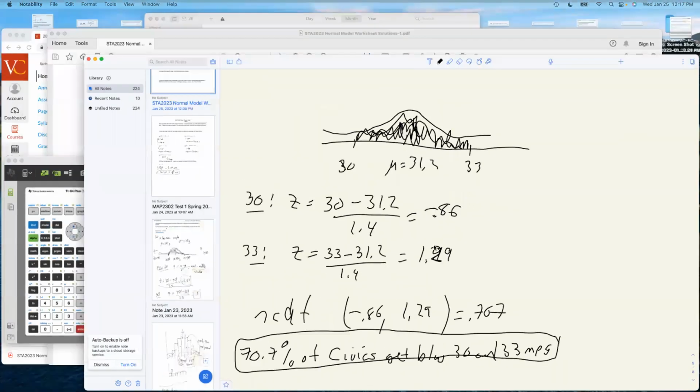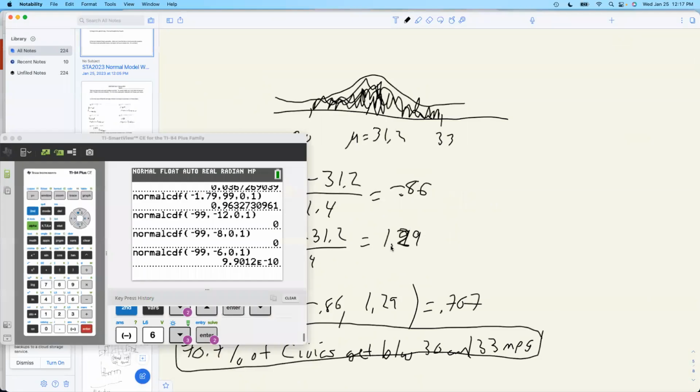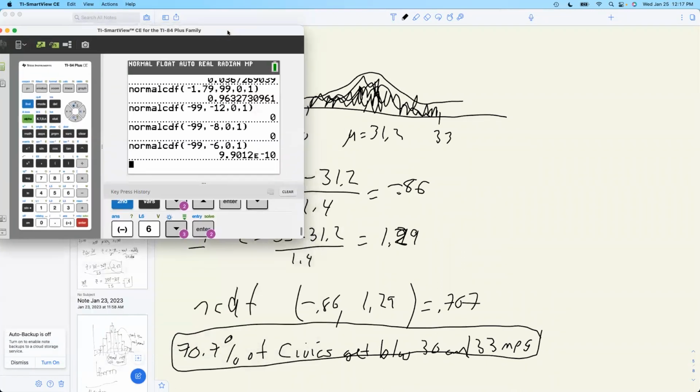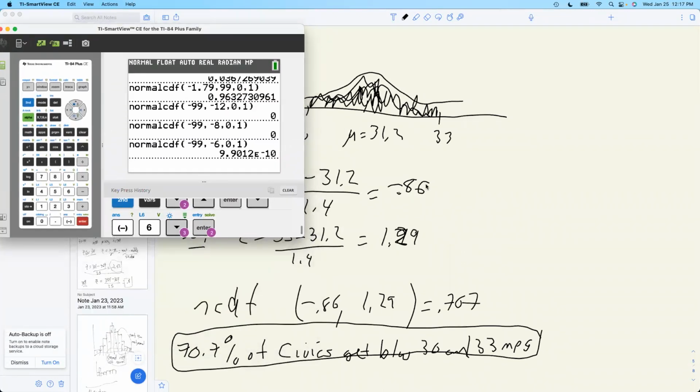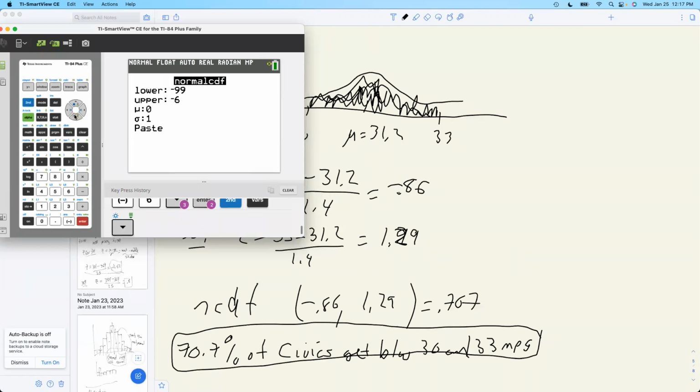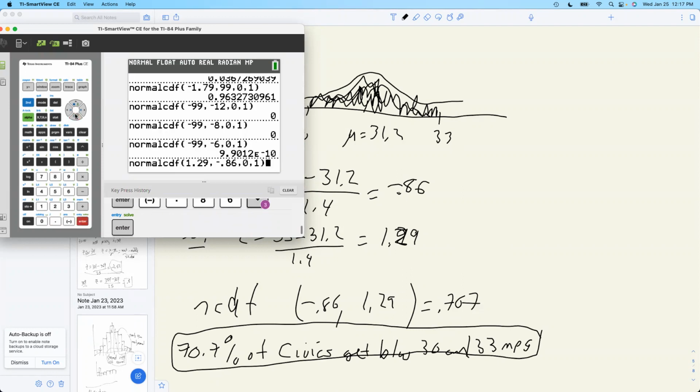Watch what happens if I type this in backwards. If I accidentally type that one and then that one. So 1.29 to negative 0.86. On my calculator, it actually gives me the right number.